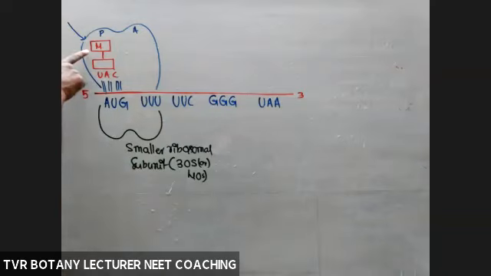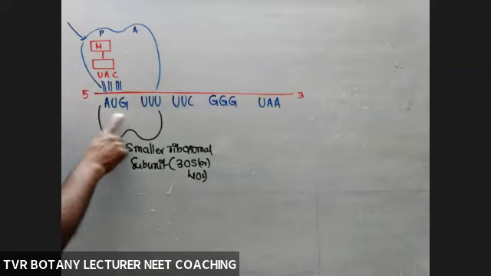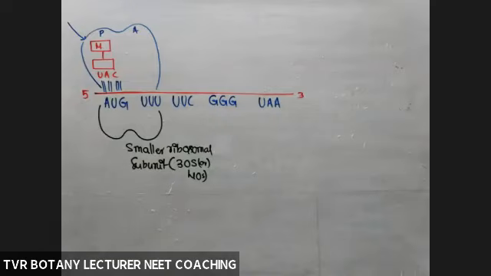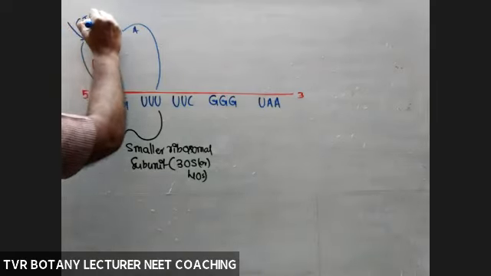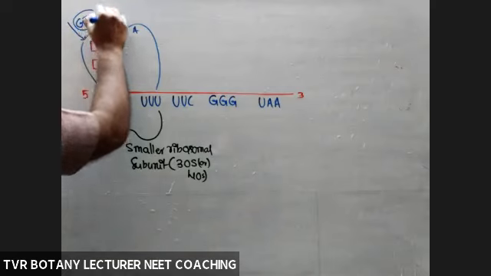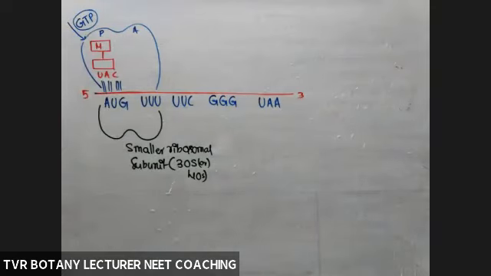That's why the initiator amino acid tRNA, that is with methionine, enters the P site. Reason: now the P site is exposed to AUG. So that's why the first amino acid tRNA directly enters the P site, bypassing the A site. Remember that one. Here 1 molecule of GTP is required. Only 1 molecule of GTP is consumed, hydrolysis and energy.